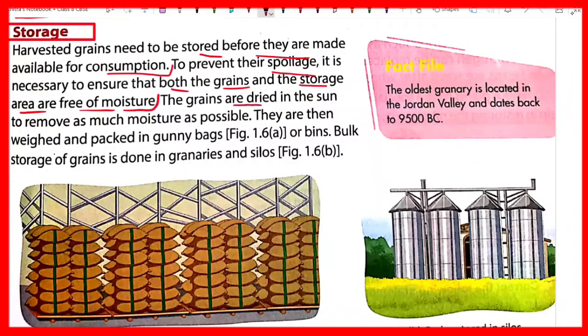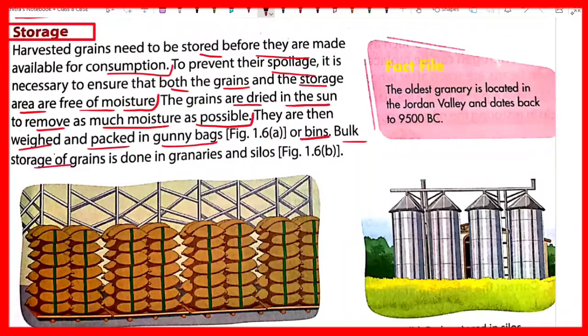The grains are dried in the sun because we have to remove moisture from the grains. That's why we apply the sun drying process to remove as much moisture as possible. They are then packed into gunny bags. Bags of 50 kg, 20 kg, 100 kg are made in order to store them, or beans also.